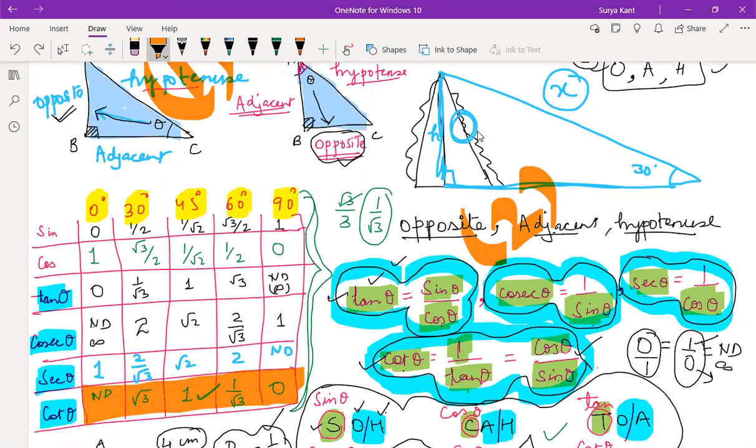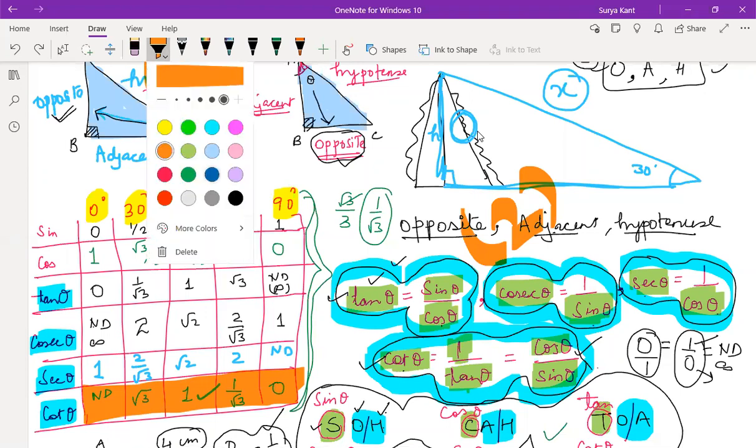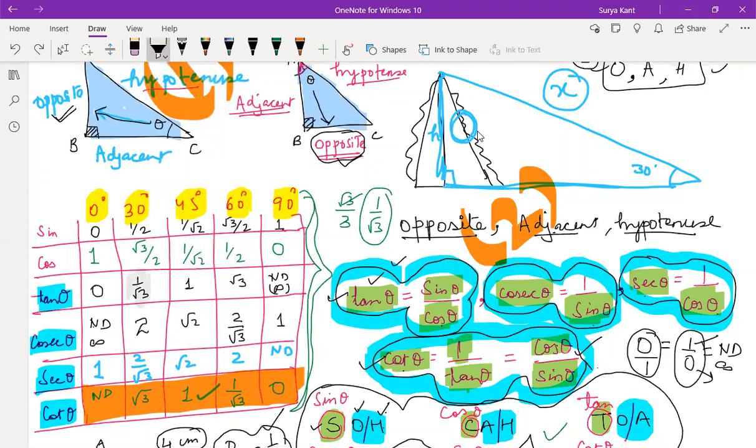Sine 45 is 1 by root 2 and cos 45 is 1 by root 2, so the ratio is 1. We are just dividing sine theta by cos theta. Tan is very easy, children.